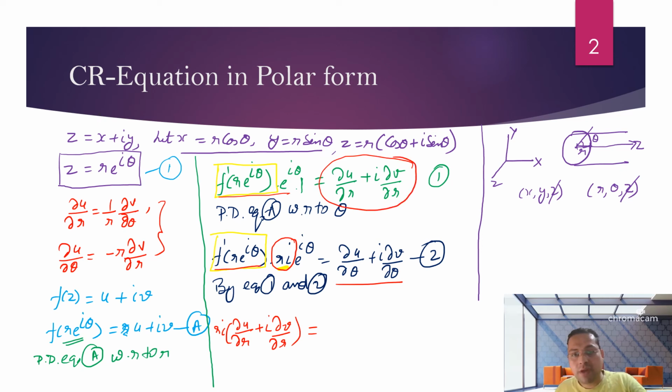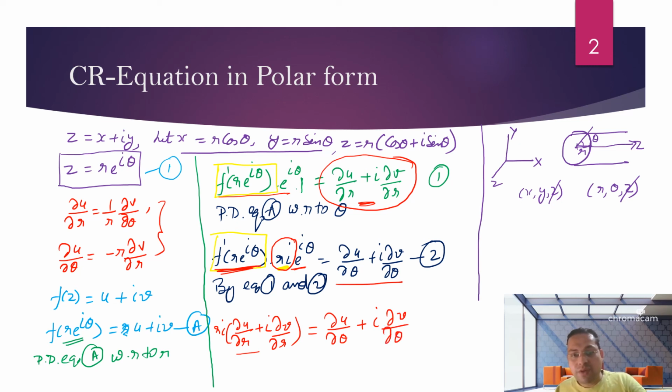So replacing the value of this as well as e to the power iota theta, we get del u over del theta plus iota del v over del theta.